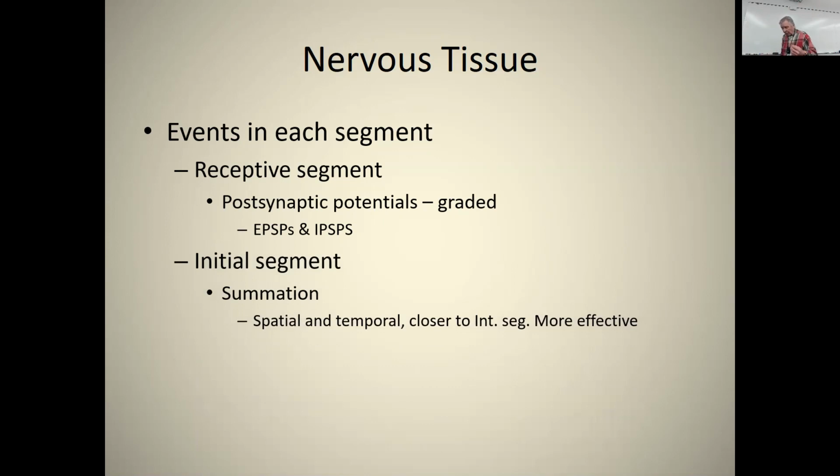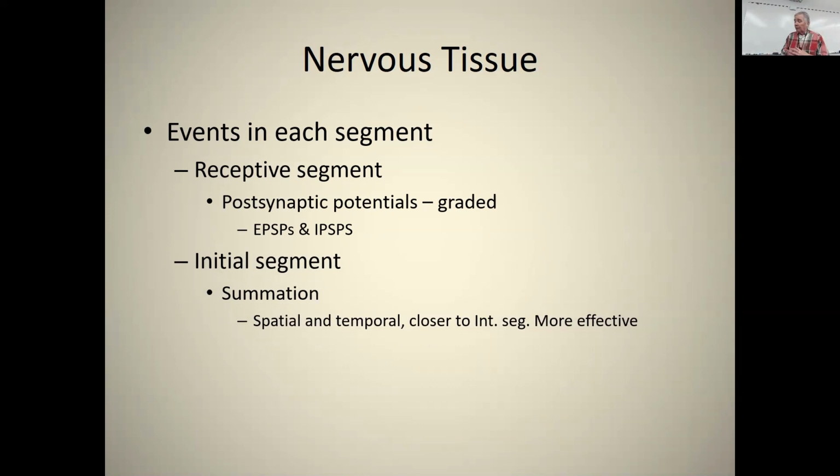So what's important is whether a cell is turned on or not. When I say turned on, I mean there's a fire, an action potential. That's on. And whether it does or not is dependent upon the membrane potential at the initial segment, or the axon hillock.